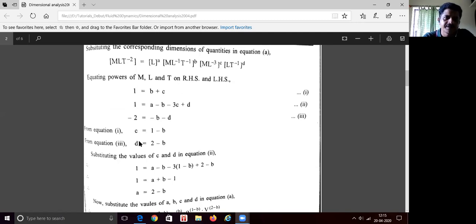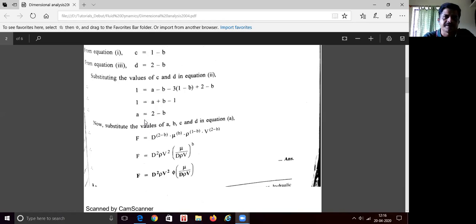Let us substitute these two in equation 2. From equation 1, we got C. From equation 3, we got D. And let us substitute the values of C and D in equation 2. By substituting that, we can solve A is equal to 2 minus B. We got the value of A is equal to 2 minus B.